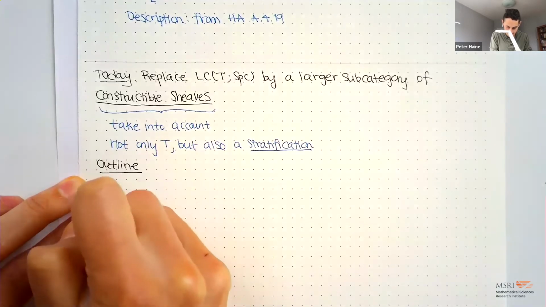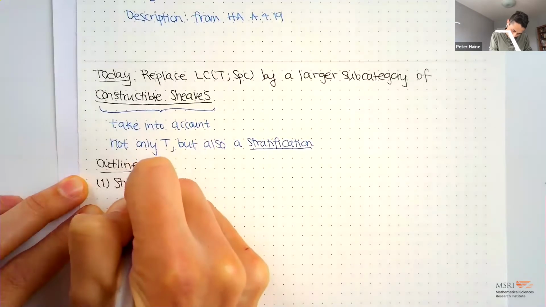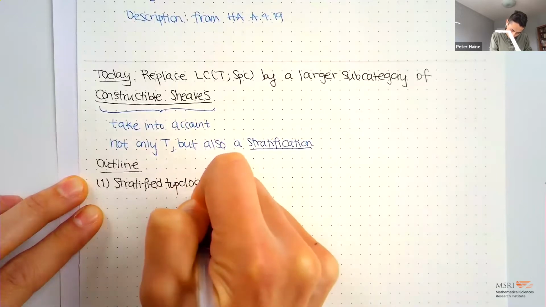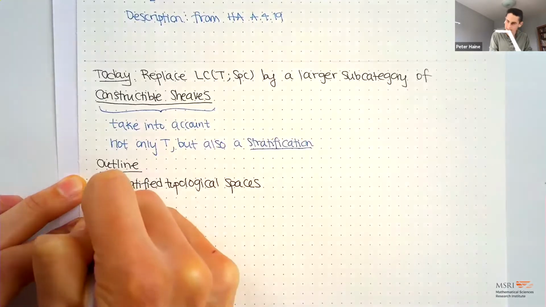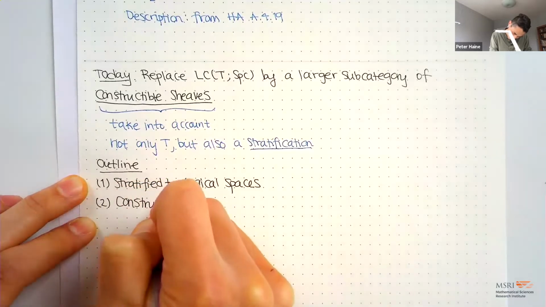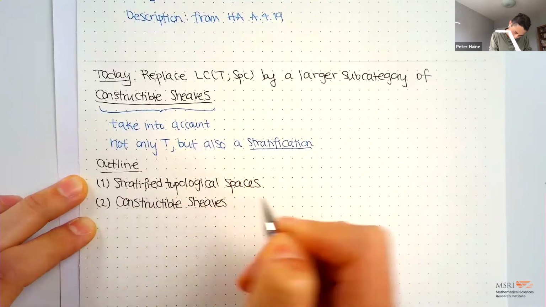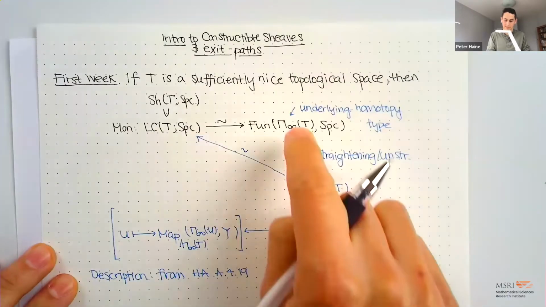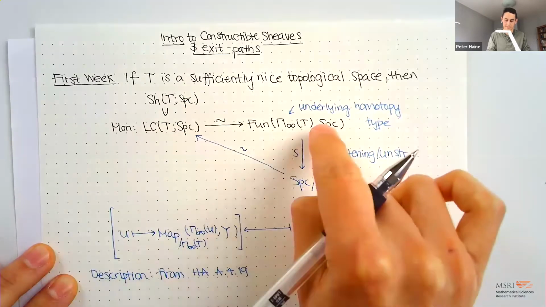The first thing I want to talk about is stratified topological spaces. The second thing is constructible sheaves. Then I'll talk about the replacement for this underlying homotopy type, and we'll want an equivalence like this, where this is constructible sheaves and this is something else.